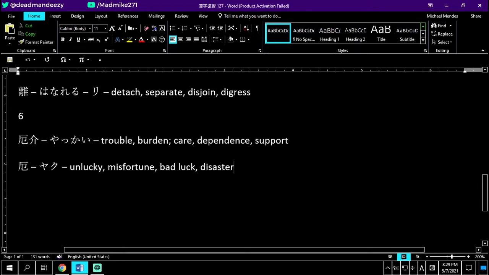Yakai. Yakai no yaku. It's unlucky. Misfortune, bad luck, or disaster.